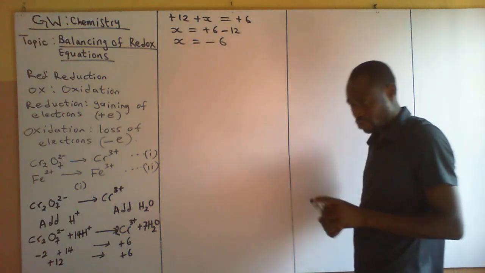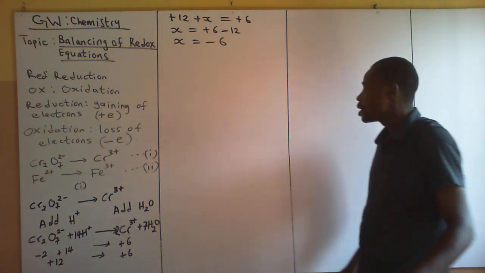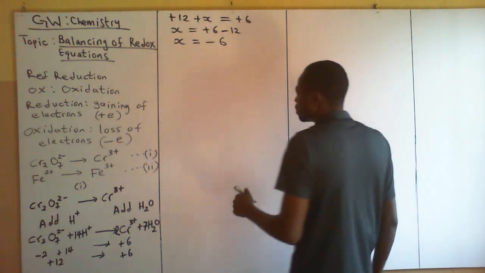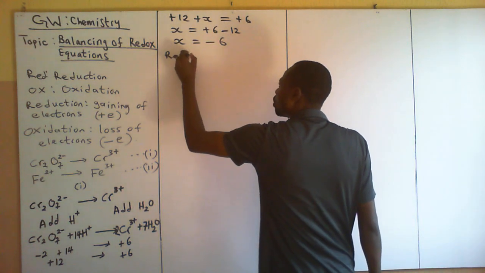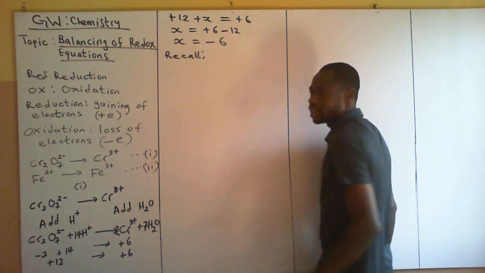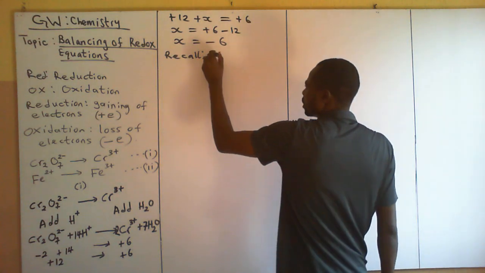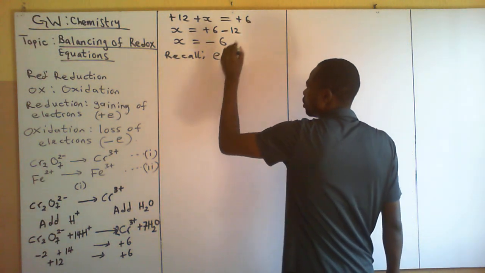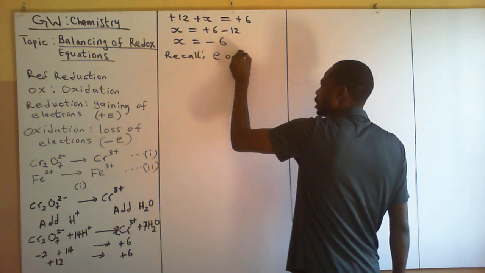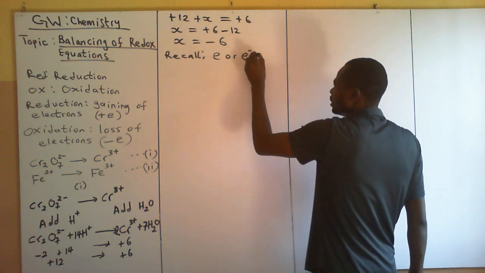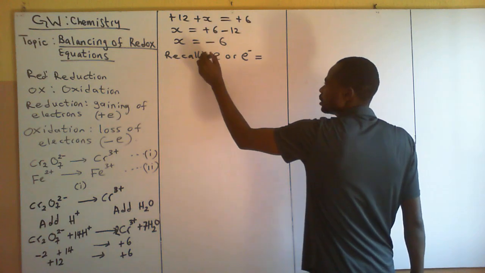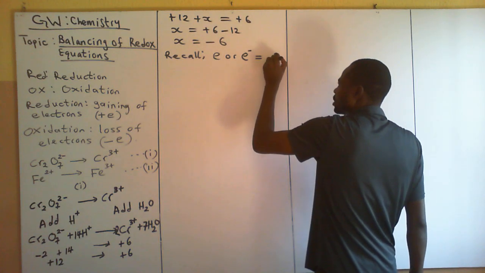How do we write minus 6 in chemistry? It is in the form of ions under the redox equation, minus 6. You have to remember, recall that E, or you call it E minus, is the same thing as minus 1.